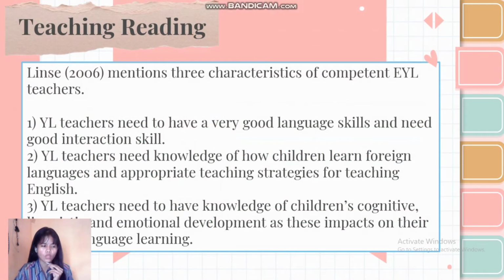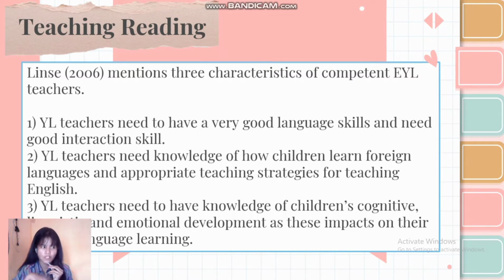Furthermore, in order to support our English language teaching in the classroom, we as teachers should have some competencies. According to Lin 2006, there are three characteristics of a competent English young learner teacher. The first is that young learner teachers need to have very good language skills and good interaction skills, because we as teachers provide the primary language input for the young learners.